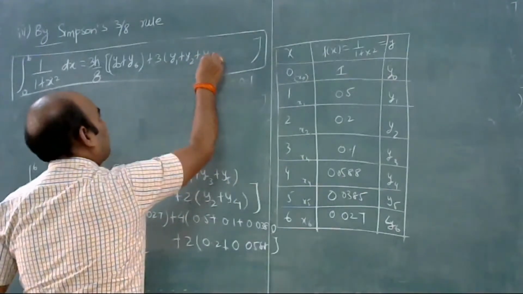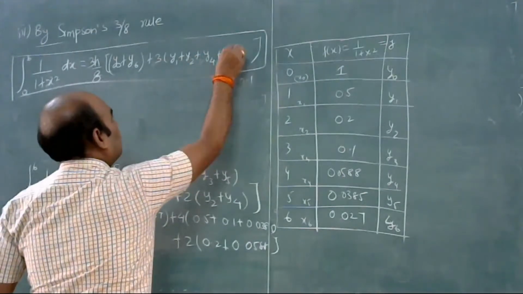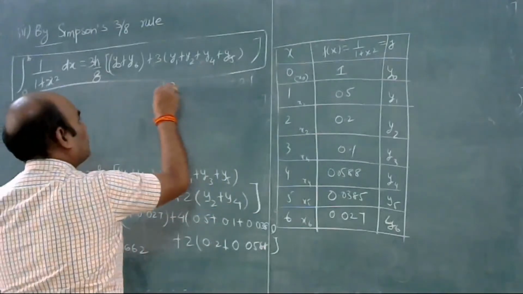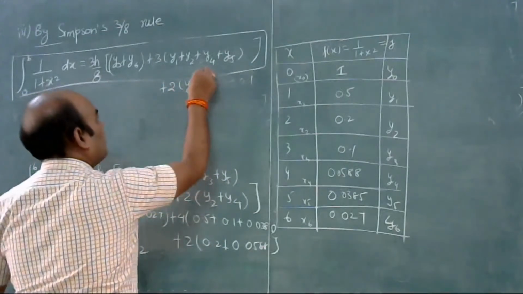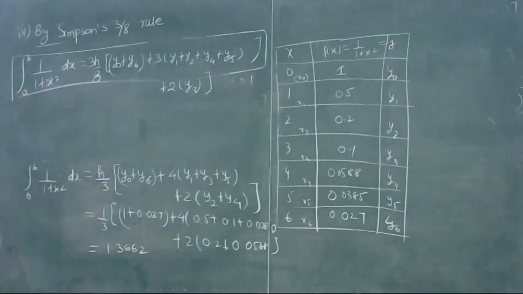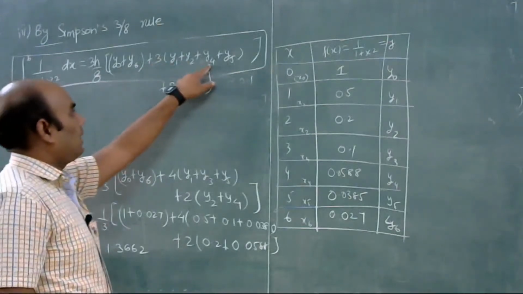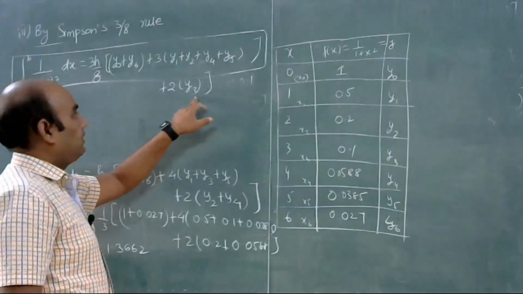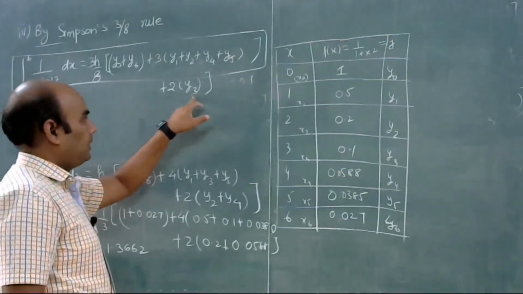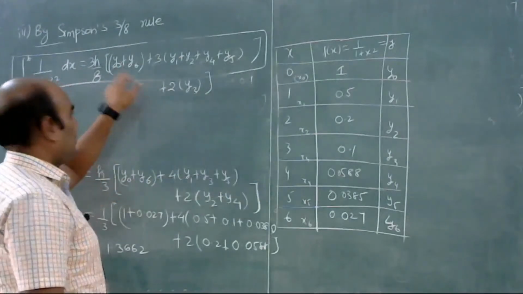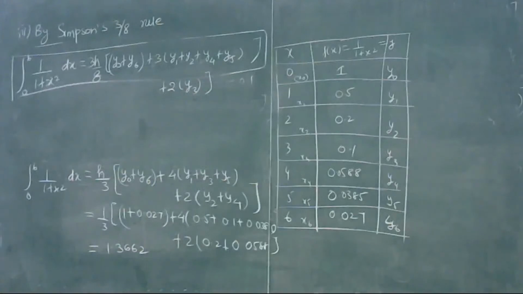The multiples of 3 will be absent here, so y3 is not written among these, plus twice y3. Y6 is used here as the last term. So don't write the multiples of 3 in the 3 times group. Okay, so this is Simpson's 3/8 rule.